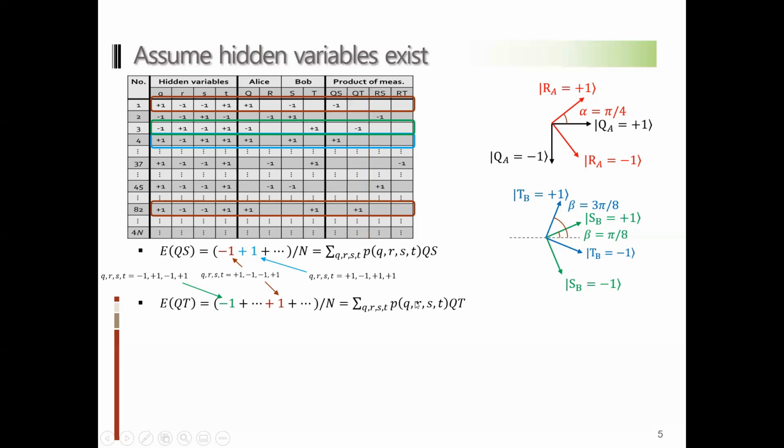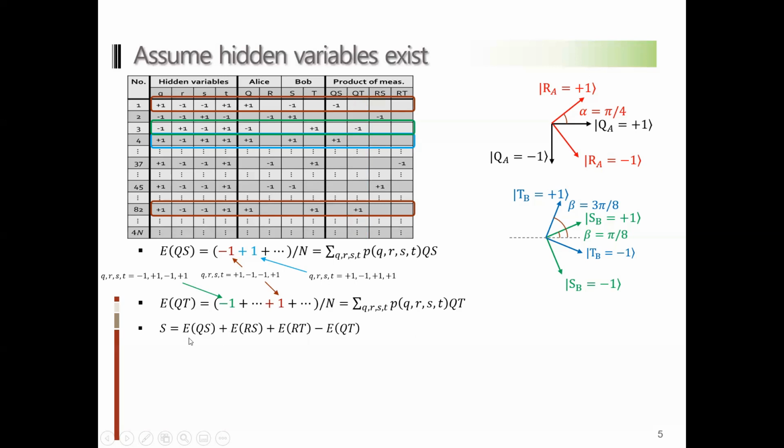Then, not only for the QS or QT case, we can also calculate the expectation value for RS and RT, and each expectation formula will be expressed in this form.